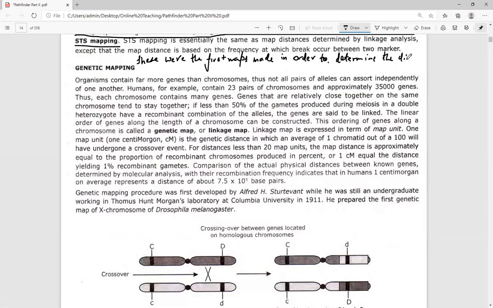The distance in between the genes is calculated on the basis of the frequency of crossing over in between them.